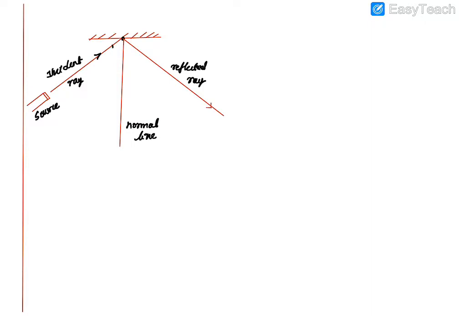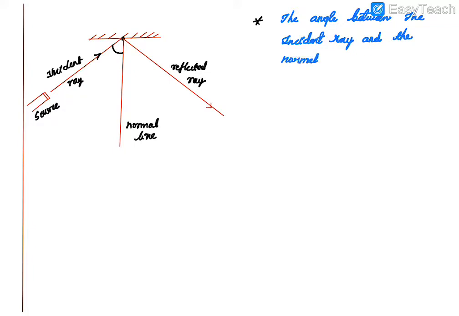So the angle between the incident ray and the normal line is called the incident angle or angle of incidence.